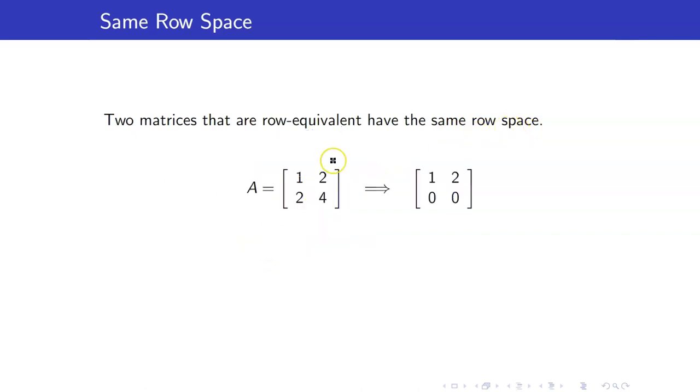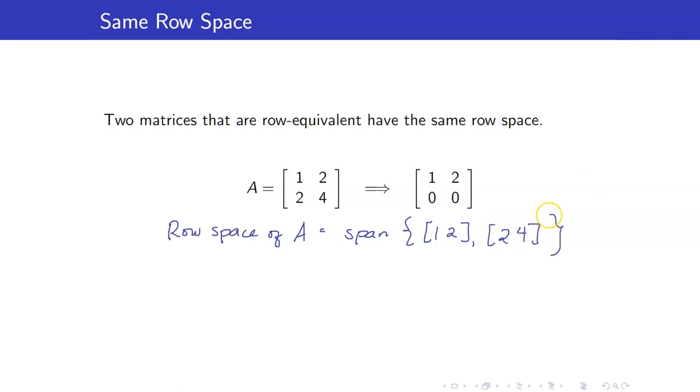For example, I have this A over here. Its row echelon form would be this one. Thus, according to our theorem, the row space of A, which is equal to the span of (1, 2) and (2, 4), will just be the same as the span of the rows of its REF: (1, 2), and I can write the zero row vector here.